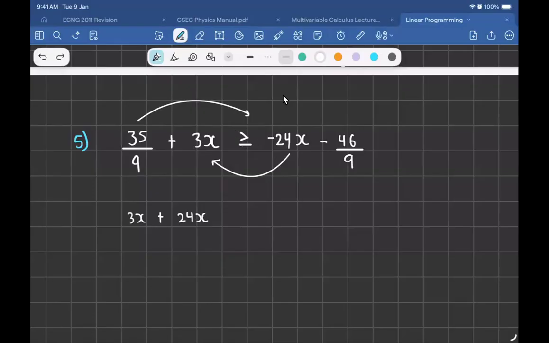More than or equal to, right? More than or equal to. And then that will be minus 46/9. And if you move across 35/9, what will it turn to? Jada, anytime you move across something, what happens to the sign?